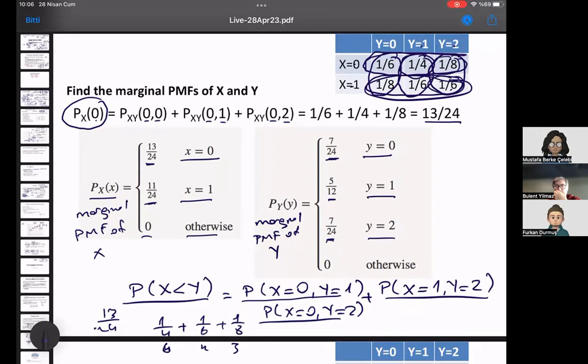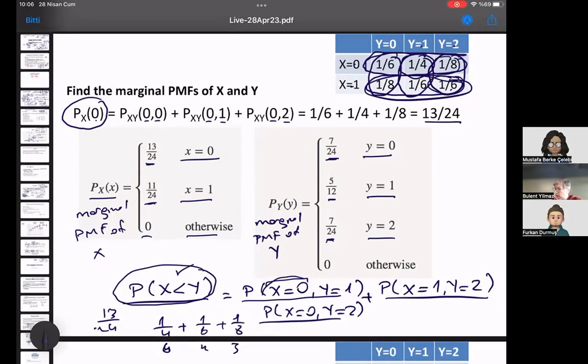Enes, is that correct? What do you think? Yes, hocam, I think correct. Okay. Thank you. So this is like probability of x less than y. I'm going to check the numbers and try to come up with the combinations, the joint probabilities accordingly. So x is 0, y is 1.